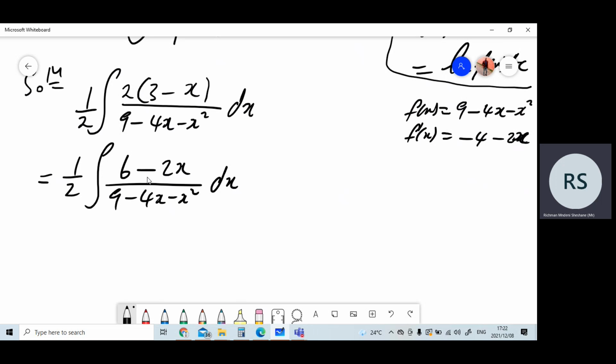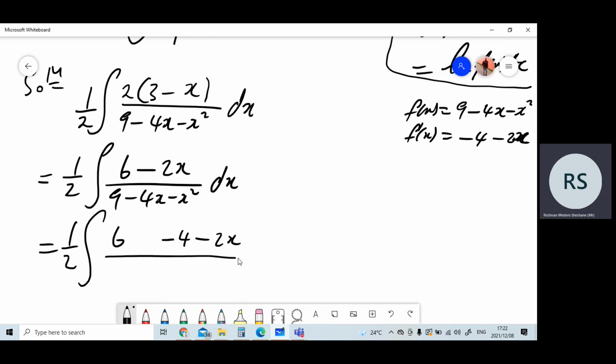So whenever you force things, you introduce things, and you need to make sure the value of the whole integral doesn't change. That's why when I introduce 2, I divide by 2. With the constant I can do anything. 1 over 2 integral. There's this 6, and I need minus 4 as part of the derivative.